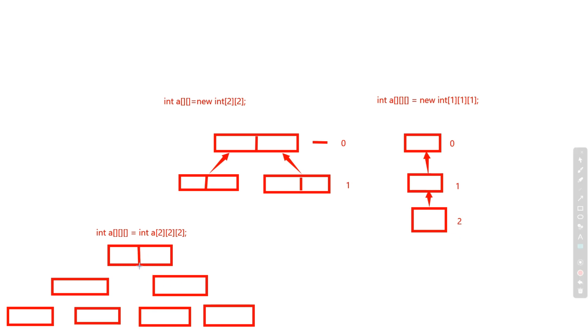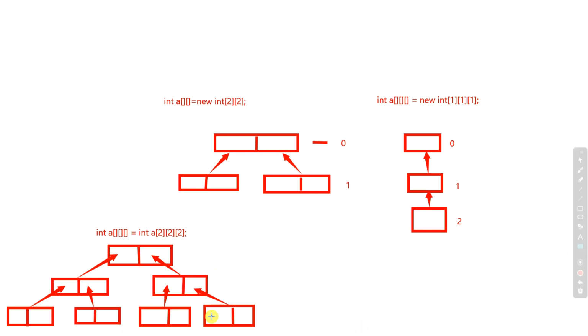So it is 2. Then this is pointing to here, this is pointing to here. So this is the way three dimensional with size 2 looks. Like this the memory will be allocated.